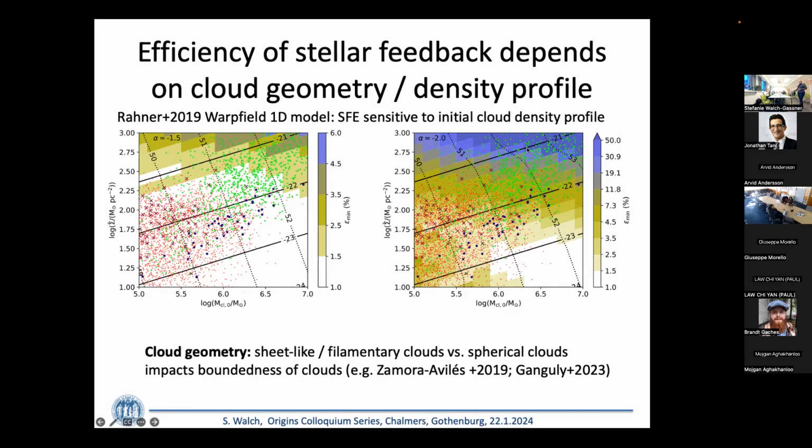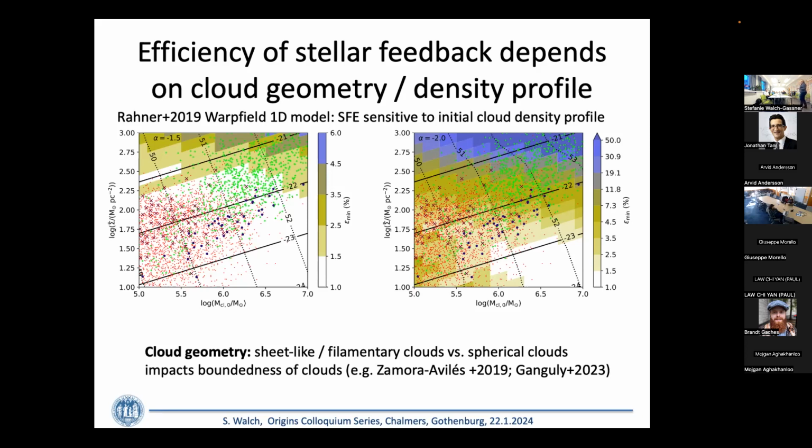It depends a bit on the density profile and so on, they play with this. They also mentioned that cloud geometry matters. In particular, if you have not spherical clouds, but sheet-like clouds or filamentary clouds, you also get a different boundedness of the cloud, of course, because you can have low-density channels in between high-density regions.